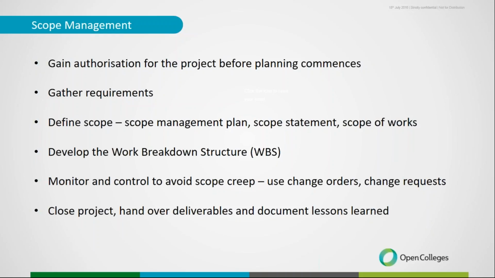You don't want to be making changes without having them officially approved, because you could end up totally off track, or you could end up expanding the scope of a project but not have the adequate support with time and resources and budget that you need. All that's going to do is put enormous pressure on the project team, and you're going to have all sorts of issues with people getting frustrated and things like that.